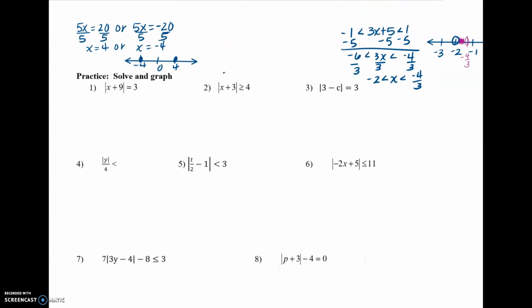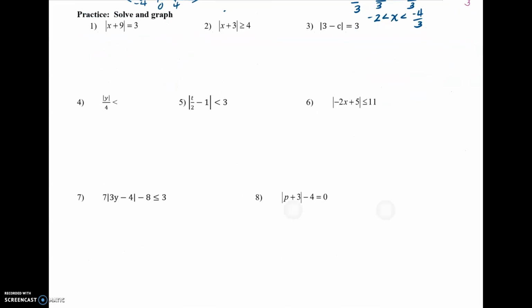All right, now let's look at some of these others that are also odds. Number 1, the absolute value of x plus 9 equals 3. Equals is an equation, it's an or statement. I take it out of absolute value, I make it or, and then I make it equal to the opposite.